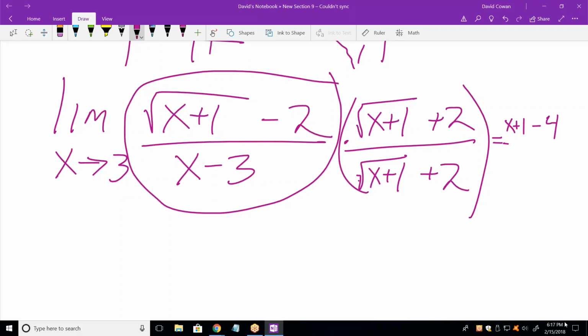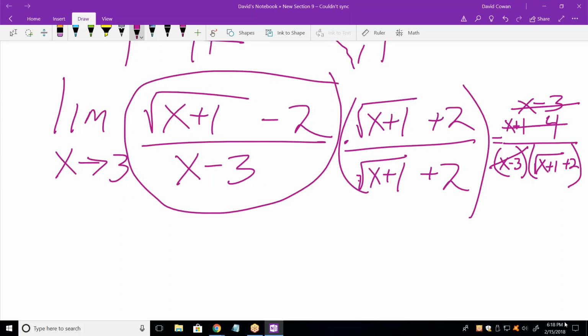The bottom, just go ahead and leave it as what it is. That times this. We don't need to even try to distribute that. What's going to happen is the top, notice, turns into x minus 3. Now I can cancel that with that.